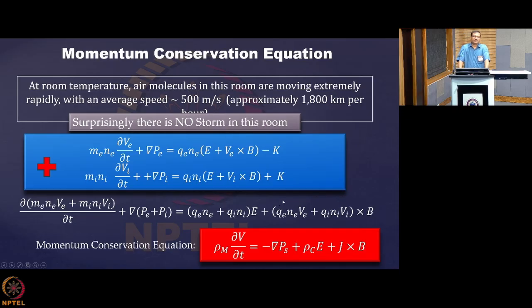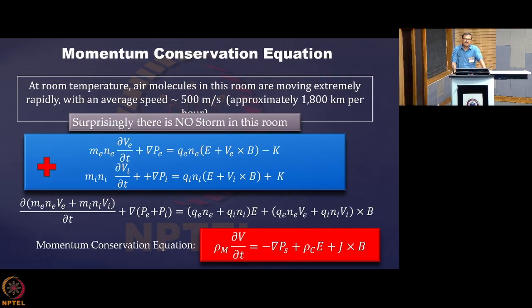Now we are coming to the generalized Ohm's law, and in that case we have no other way than finding some model for this collisional contribution. So we will start with this equation, and then try to model this collisional term k in some way, and finally we will reach an equation which resembles Ohm's law, but is a very generalized Ohm's law applicable to plasma.